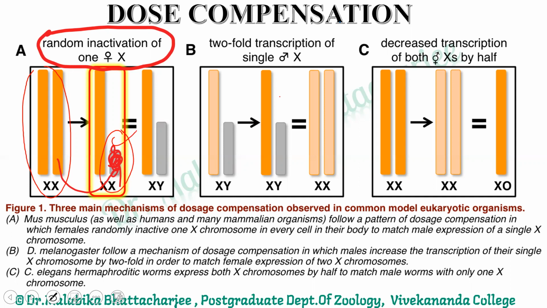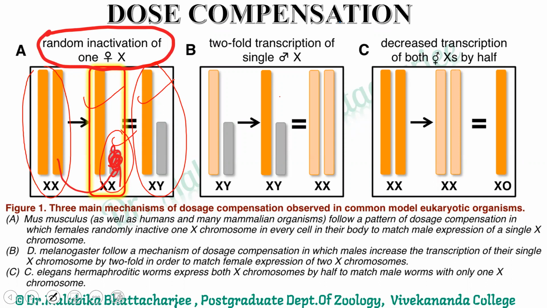So in females, of the two X, one is randomly inactivated, as a result of which we have a single functional X chromosome in the female. Similarly, in males also, we have a single functional X chromosome.